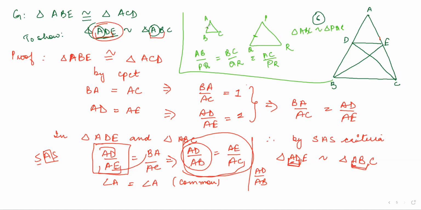So this side is in proportion to this one, then this side to this one, and this side to this one, isn't it? Yeah, ma'am. So AB of one triangle, then PQ of the other triangle. But here AD and AE were of the same triangle, the top one. So that's why I've rearranged it. Understood? I hope it's clear.